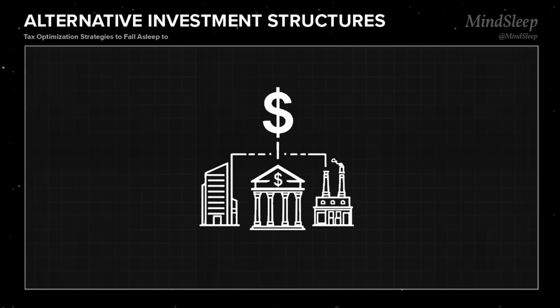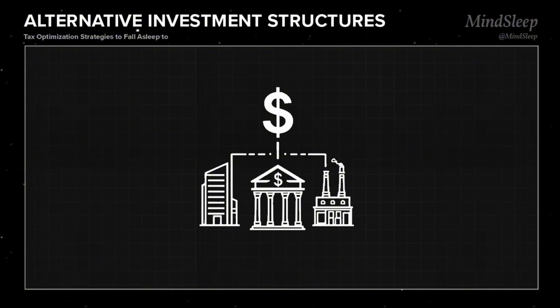Partnerships, such as limited partnerships, LPs, and limited liability companies, LLCs, offer unique tax advantages through their pass-through nature. This means that the entity itself doesn't pay taxes. Instead, profits and losses flow through to the individual partners, who report their share on their personal tax returns.